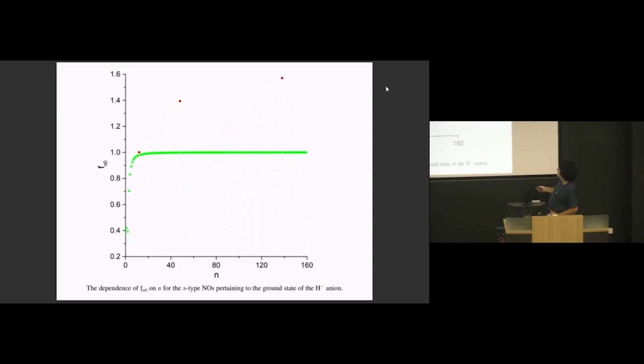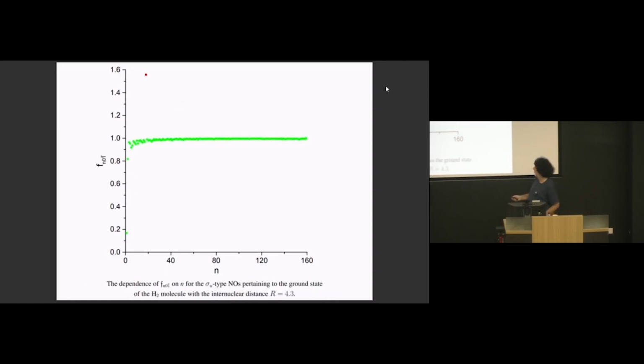We can plot this ratio, and here you see, for example, for this H minus ion, that this limit of 1 is reached very quickly. But there are some outliers. And those outliers are those special orbitals that do not work within this theory that I showed you.